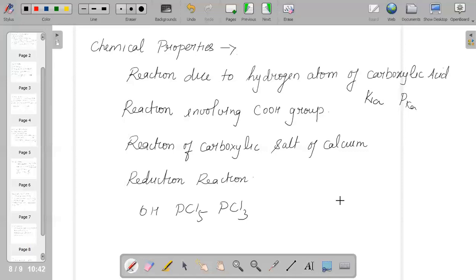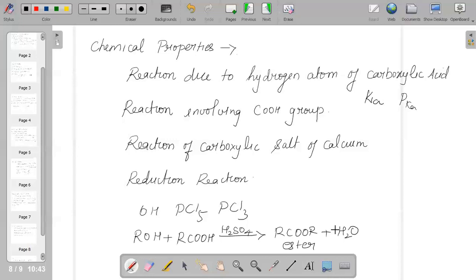Esterification: an alcohol plus carboxylic acid, RCOOH, reacting in the presence of H2SO4, will give you RCOOR plus H2O, and this is nothing but an ester, and this reaction is called esterification.